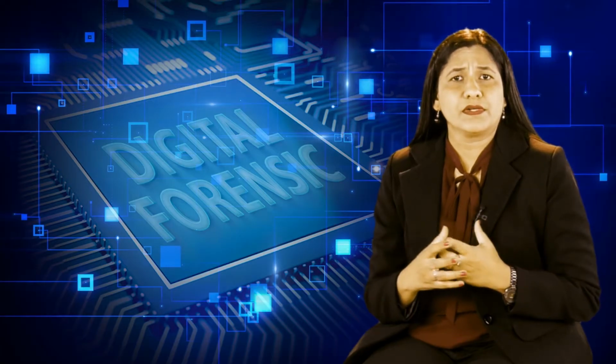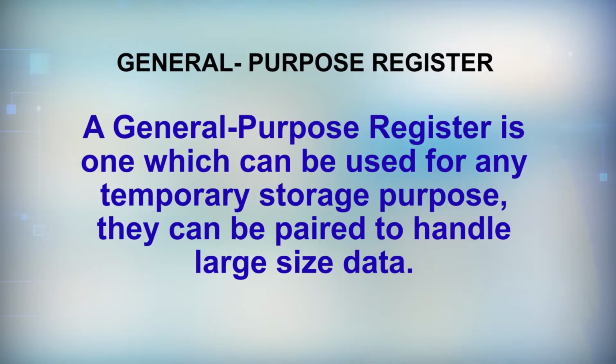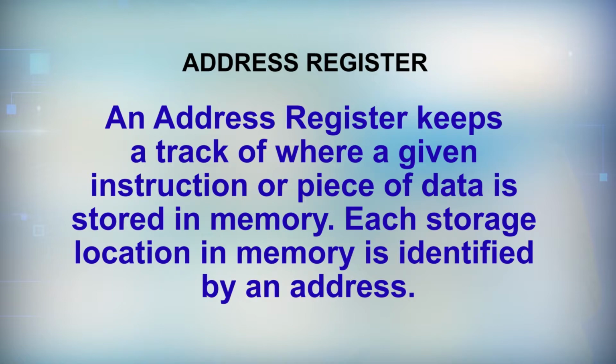There are general purpose registers, address registers, storage registers, accumulators, status registers, program counters and stack pointers. A general purpose register is one which can be used for any temporary storage purpose. They can be paired to handle large size data. Address registers keep track of where a given instruction or piece of data is stored in memory.